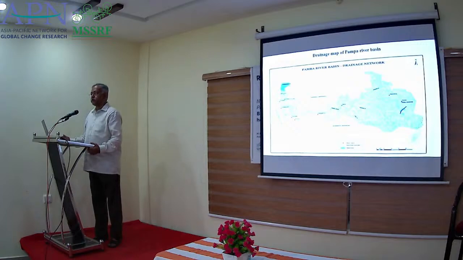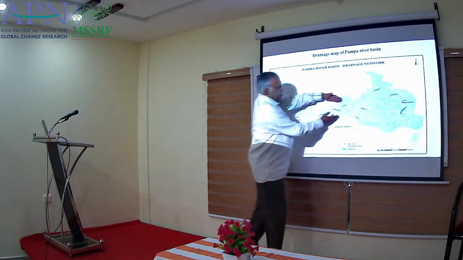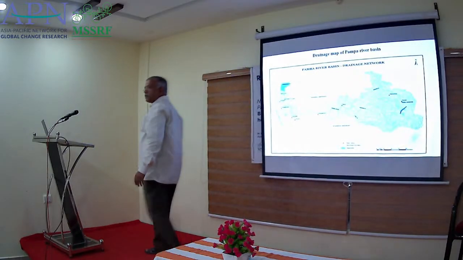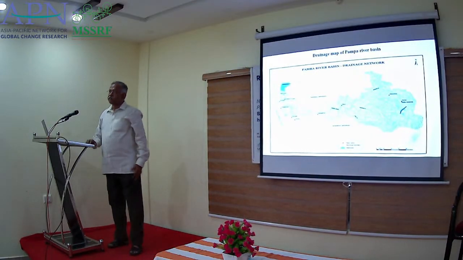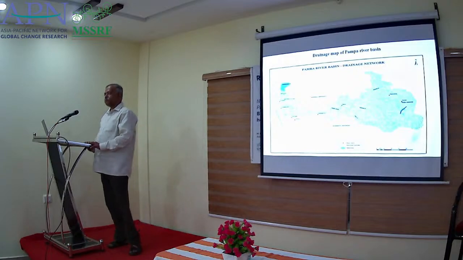These portions are ridges, right? So the amount reaching here is less compared to the larger area. Collectively it is large. The entire water network is coming to this. But why only this particular location?